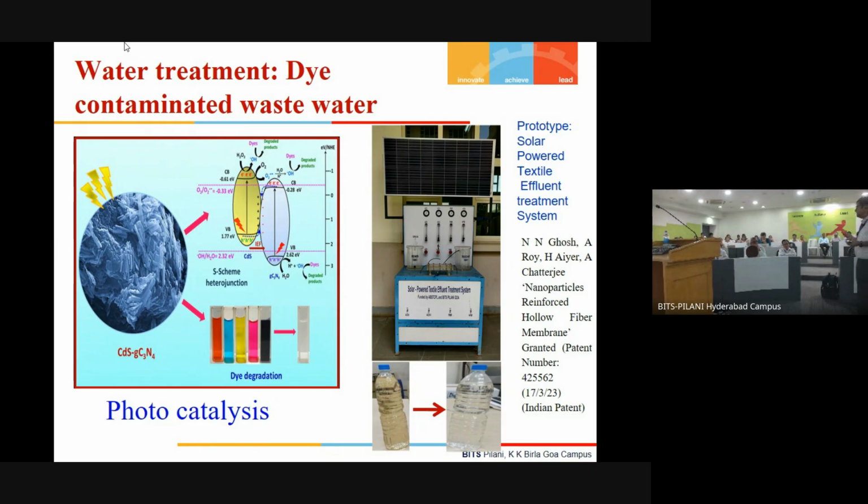You need UV light for the generation of charges like holes and photogenerated electrons. So nowadays our main purpose is to make photocatalysts which are active in solar light irradiation. That is one thing.